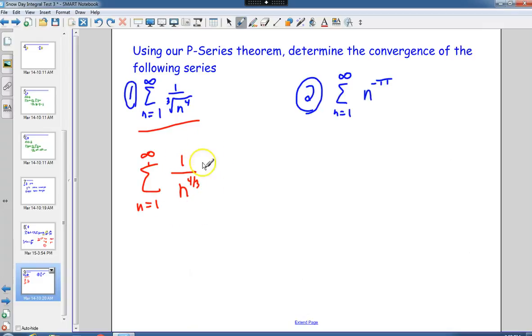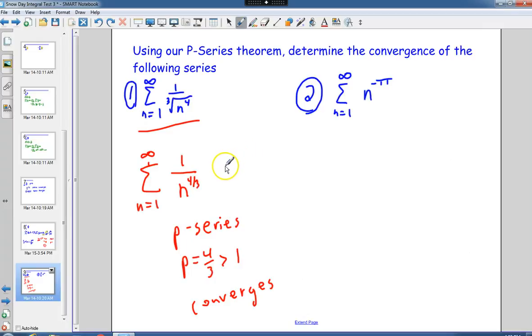So this is a p-series, and our p-value is just the power of n in the denominator, which is 4/3. Since 4/3 is a number greater than 1, this p-series converges.